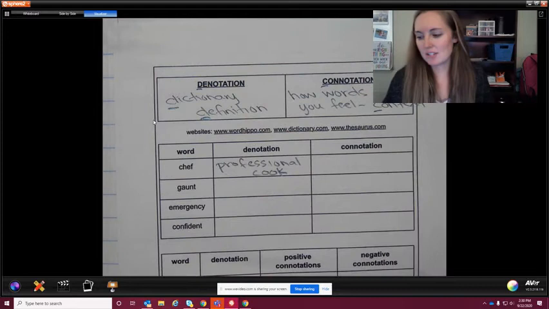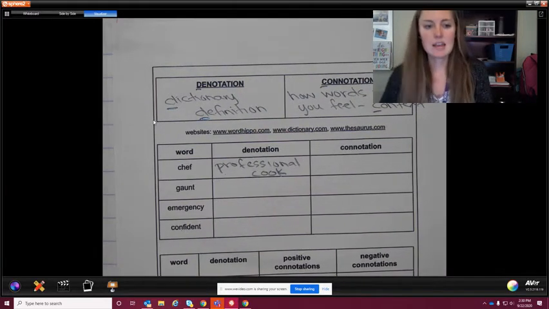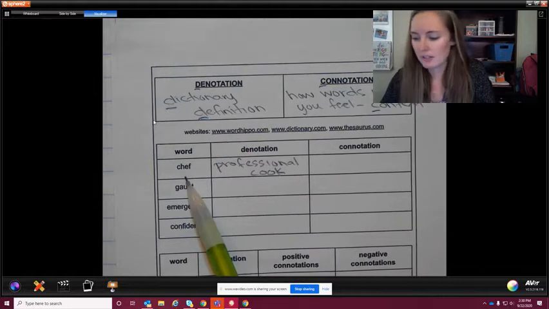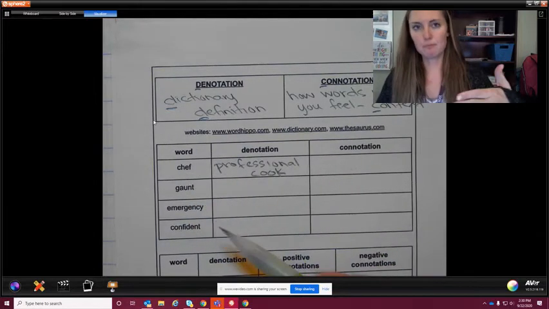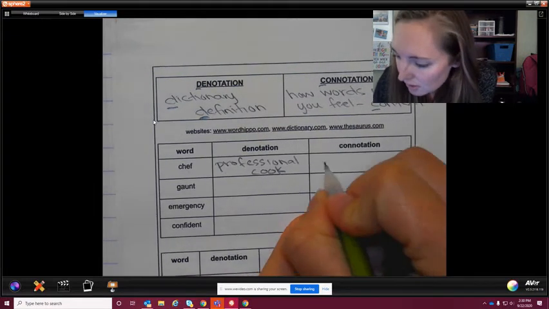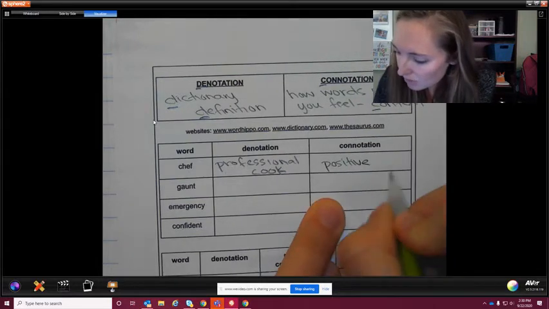And when you hear the word chef, it has a positive feel to it. It's a positively connotated word. I could have just said cook, but chef has that next status to it, so it's more of a positive connotation. So I'm going to write positive, and I can even just put a plus mark over there.